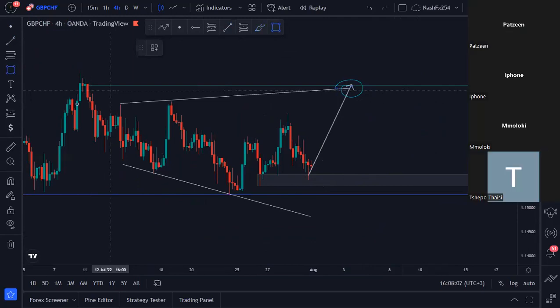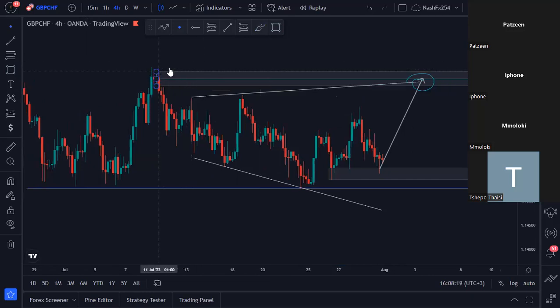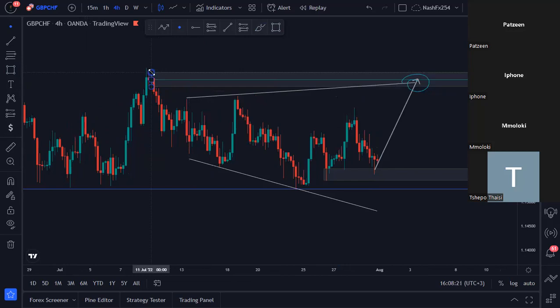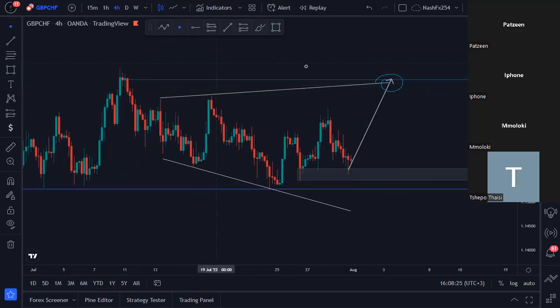This value area, if you know the smart money concept, you know that the last green candle before the impulse to the downside is usually the place where the price tends to come back. This last green candle over here is where the price usually comes back. But as you can see with my value area, I'm specific with the exact area where it's supposed to come. That's why I'm saying my type of entry is quite refined. So I'll be looking to take these buys from these levels.